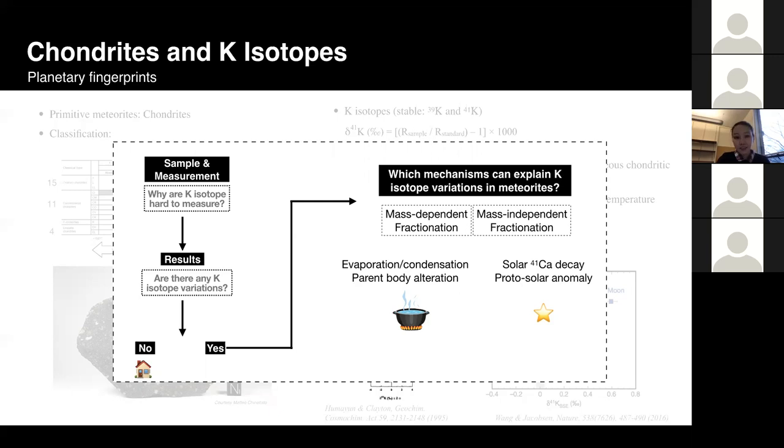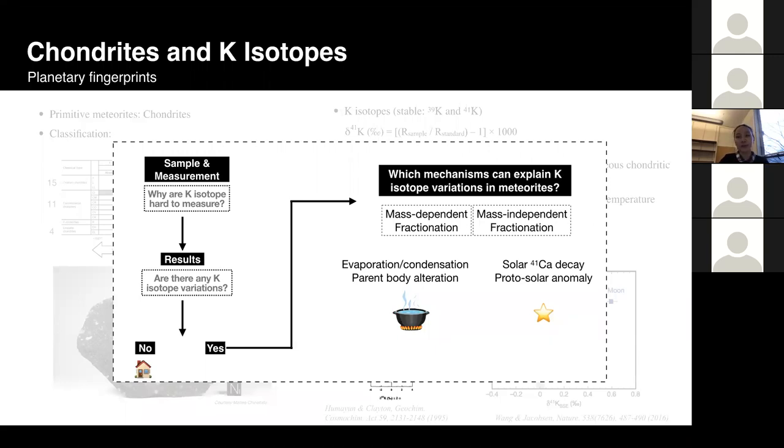And the discussions can be divided into mass-dependent and mass-independent fractionation. Mass-dependent fractionation means that the isotope fractionation is related to each isotope's mass. For example, if materials were being cooked or heated, then the lighter isotope will evaporate faster and more than the heavier ones.